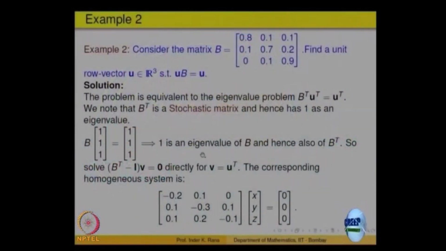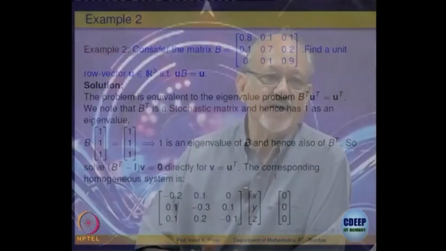So, here 1 is an eigenvalue, so you look at B transpose minus 1 I times V equal to 0, solve that system. That will give you the vector V, and what is that vector V? That is the transpose of the vector u that you are looking for. So, this was basically just brought in to say that determinant of A is the same as determinant of A transpose, which can be used in finding eigenvalues of the matrix.